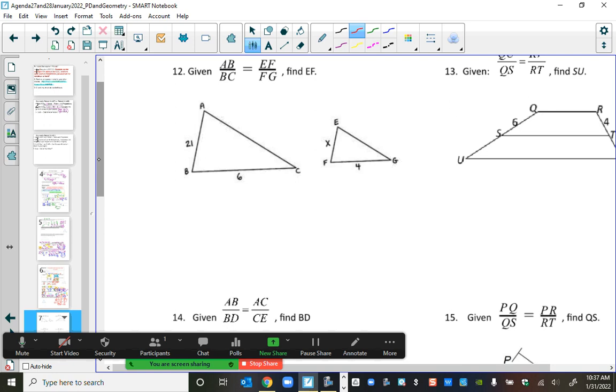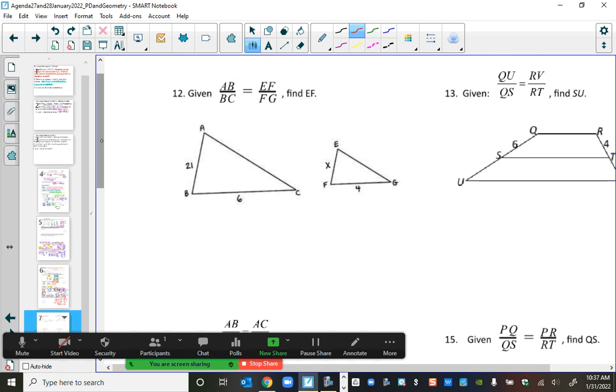AB over BC equals EF over FG. So we're told we need to find EF. And they gave you the majority of it. So for this first problem, you're going to use this setup right here.